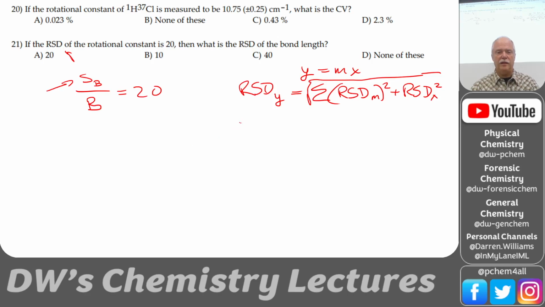Another way to write that is the RSD of y squared is equal to the sums of all the RSD components that go into it. And the relative standard deviation is just that uncertainty over the value.